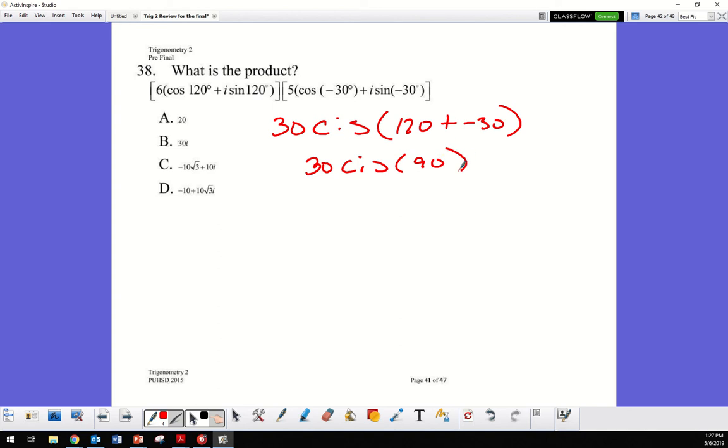So cosine is 0 and sine is 1, right? 30 times cosine of 90 plus i sine of 90. So 0, 1, so it's going to be 30i.